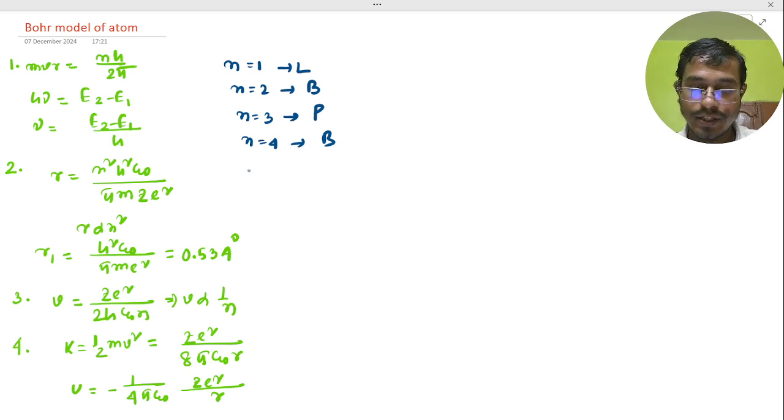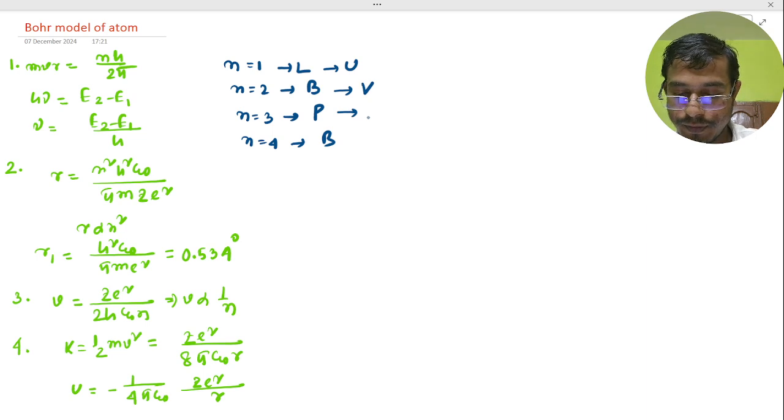For the Lyman series the emission spectrum is in the ultraviolet, and this one is visible, and this is infrared. The Brackett series is also in the infrared. This is the emission spectra of hydrogen atom.